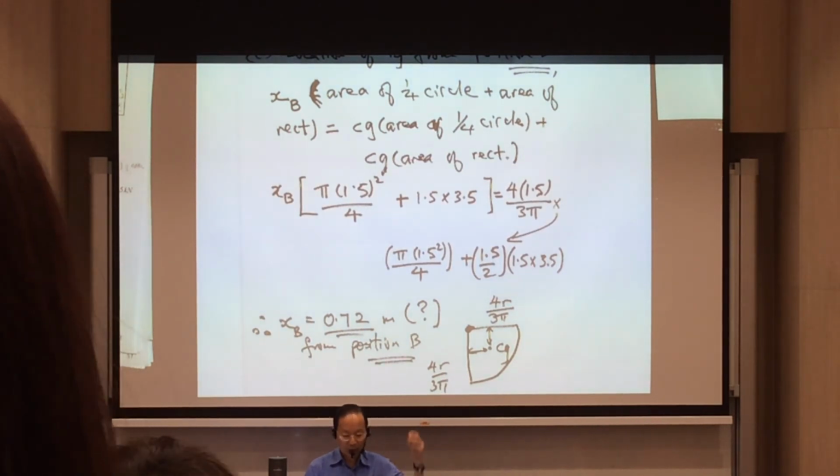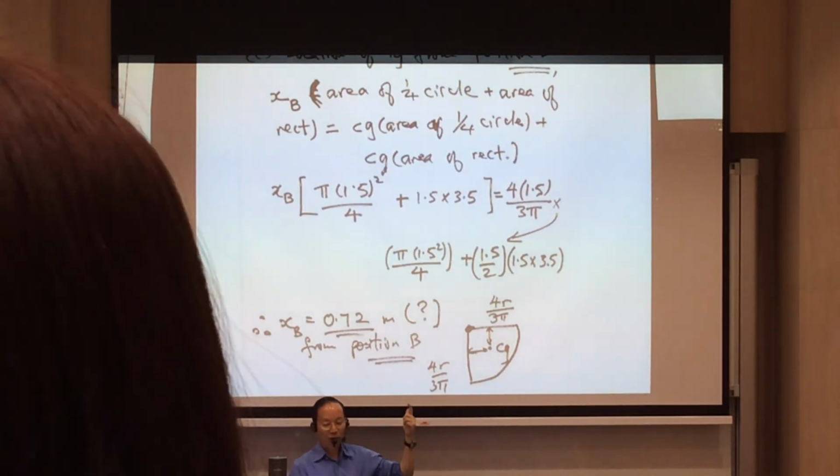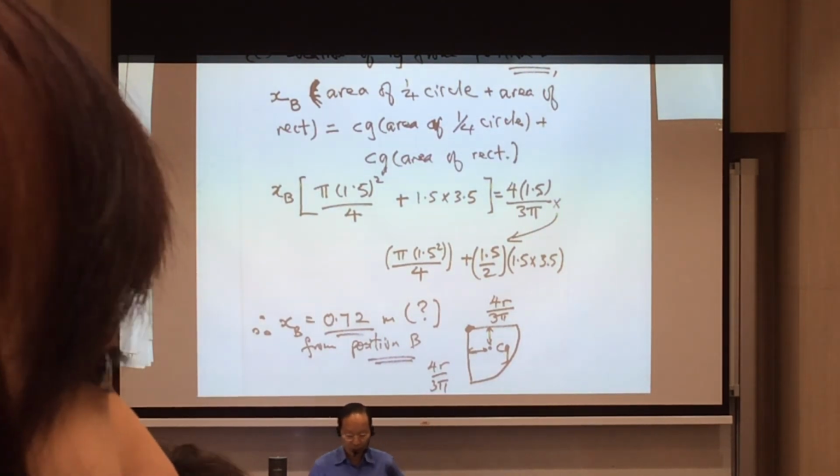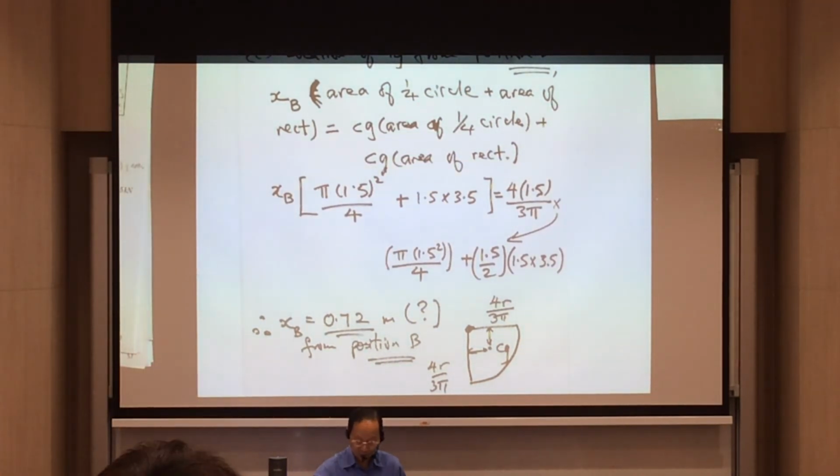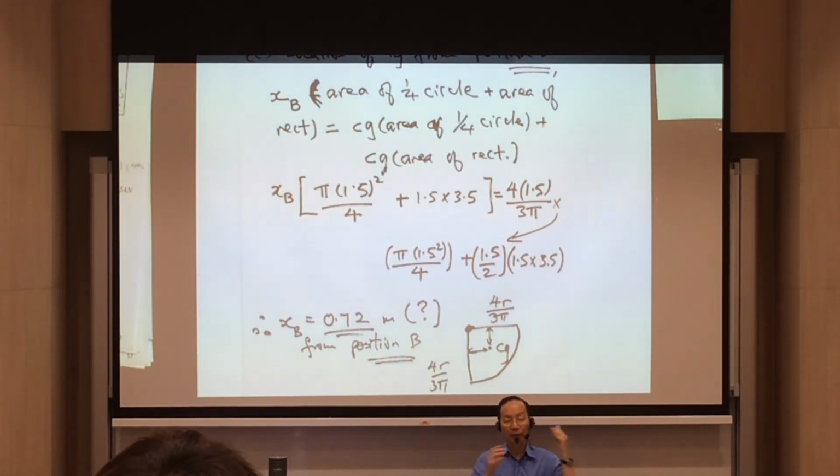Okay, so we found the value FR, and we found the location of the horizontal and vertical components of FR. All right, so the example of a dam. What's the purpose of having a dam?